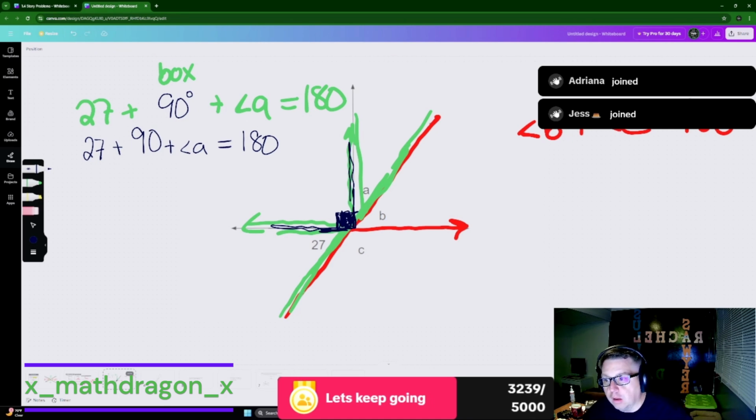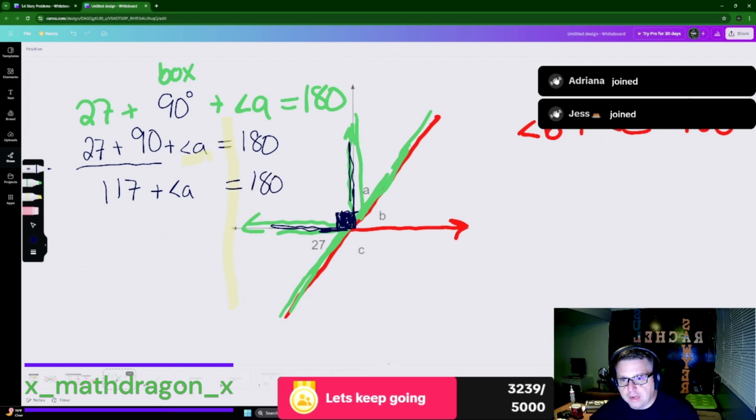Now, look at what we've done. We have set up a variable and we have an equal sign. We've got an equation. So combine like terms. What is 27 plus 90? Isn't that 117? Plus angle A equals, keep the equals, 180 degrees. Now, move the 117 to the other side. I'm going to subtract 117 from both sides.